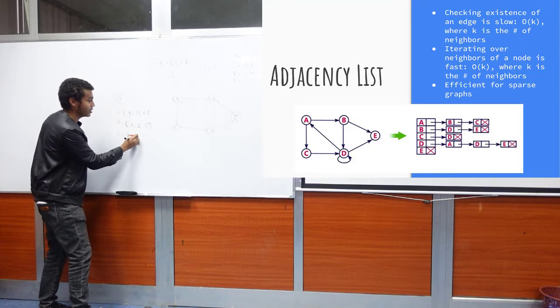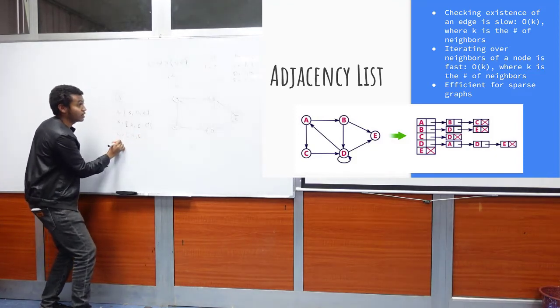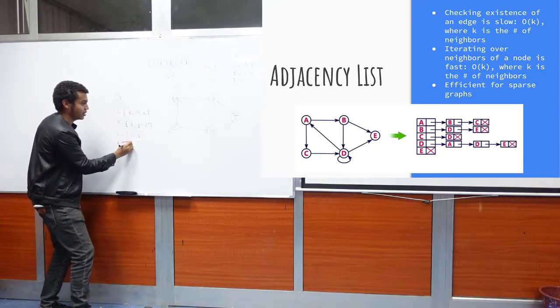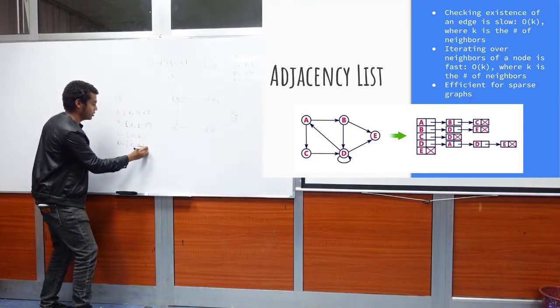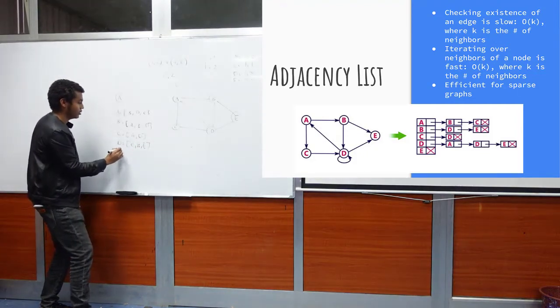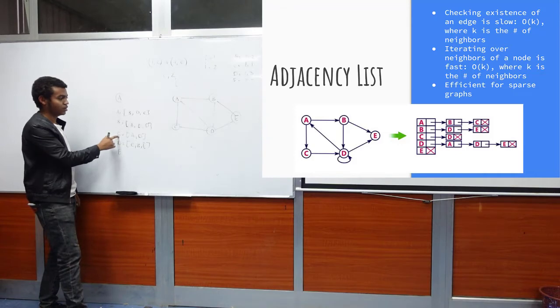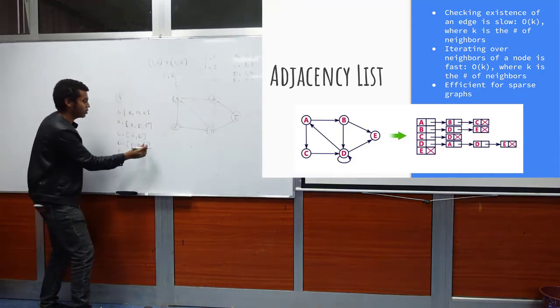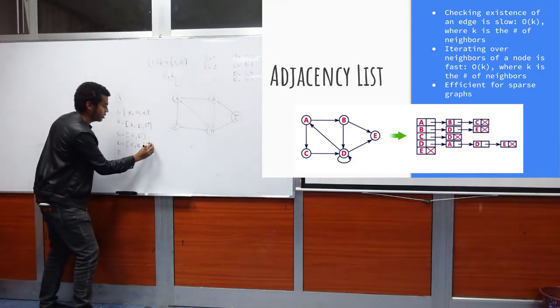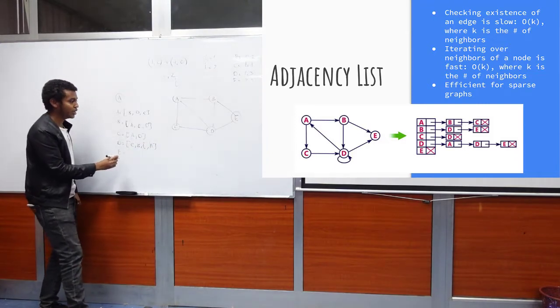C has A and D as neighbors, and then D has C, B, and E. Oh, D has also A. And E has B and D, right?